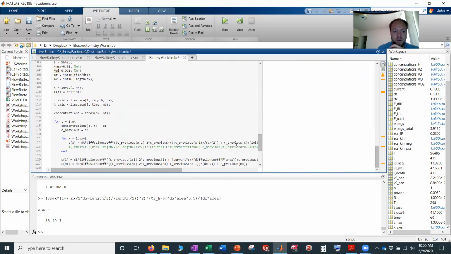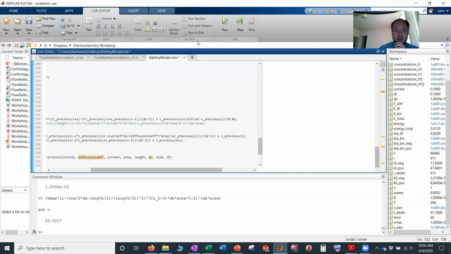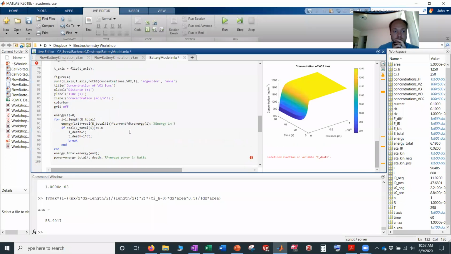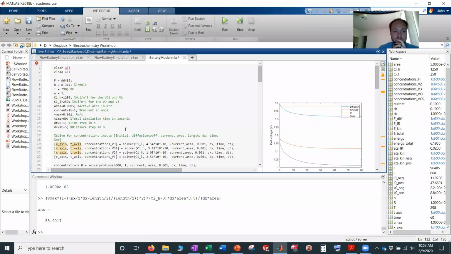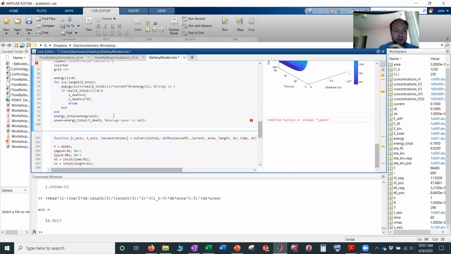So let's keep adding to our source term, make it 10 times bigger. Uh-oh. Oh, this one didn't die yet.